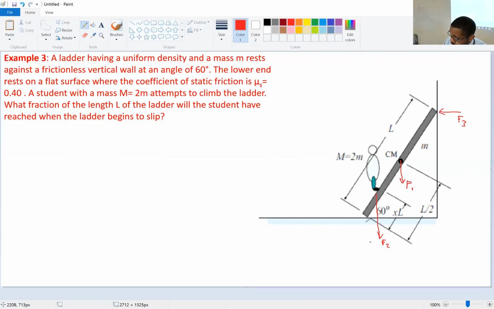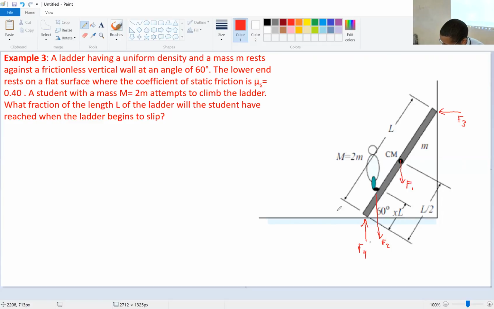And the same at the bottom here. So we have a normal force, F4 we'll call it. However, here it says that the lower end of the ladder is on a flat surface where the coefficient of static friction is given. So that means that it is going to resist using friction.